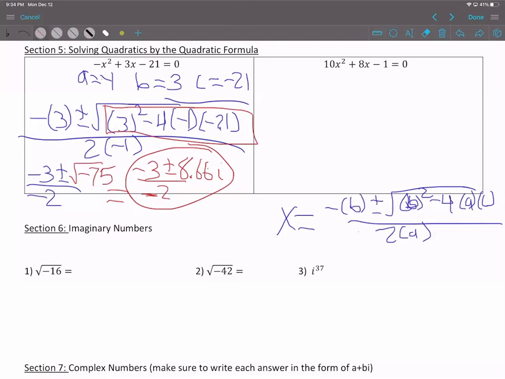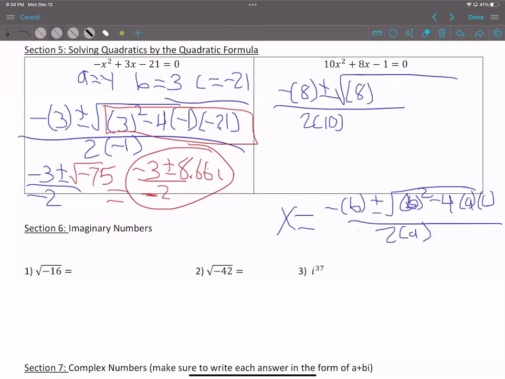Let's take a look at another one. Let's start plugging it in. We'd have -8 plus or minus the square root of b squared minus 4ac, over 2 times a on the bottom. Let's clean this up: -8 over 20 plus or minus the square root. Put this in our calculator.